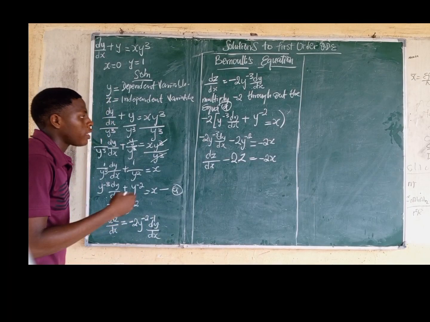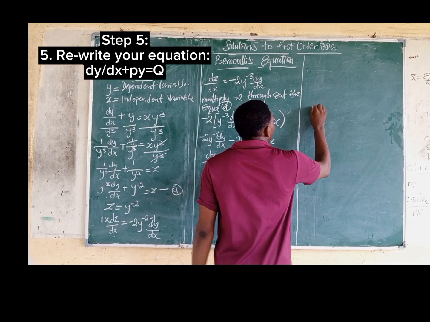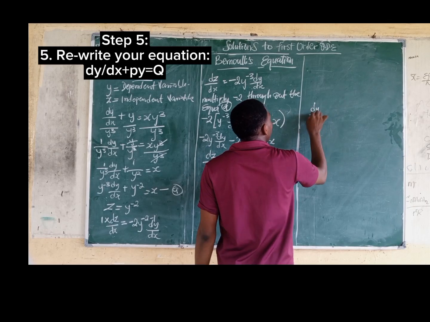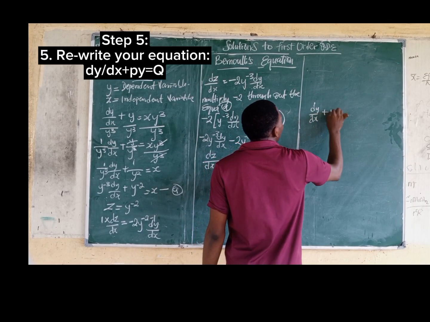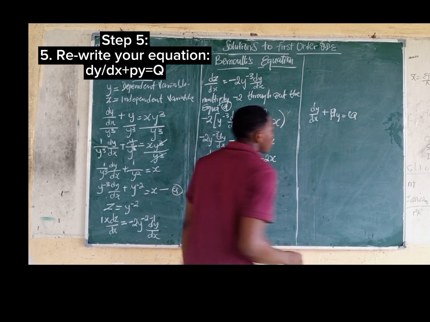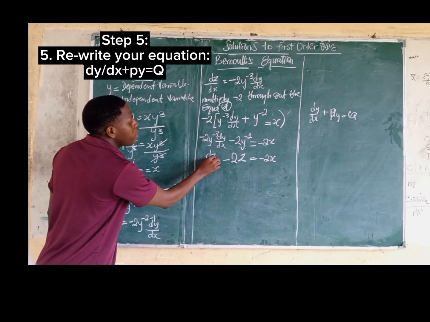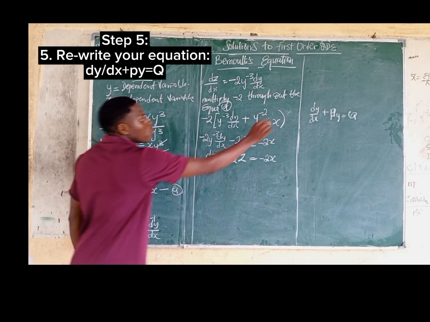The next thing in our step was: rewrite your equation to suit this. And it is dy over dx plus py equal to q. But in our equation, we are using z as a variable here, not y.